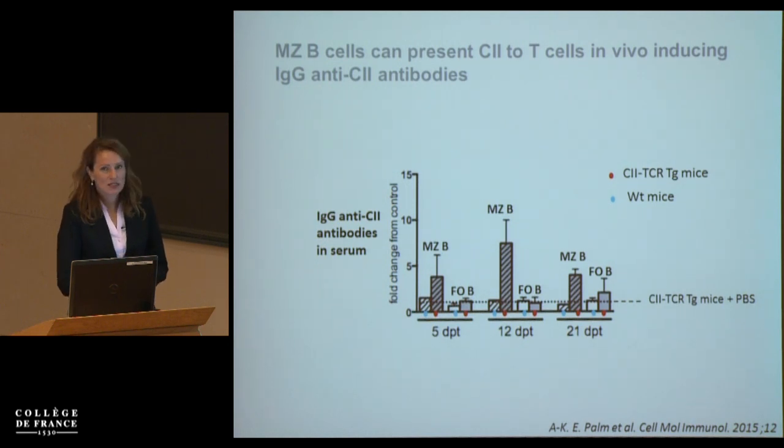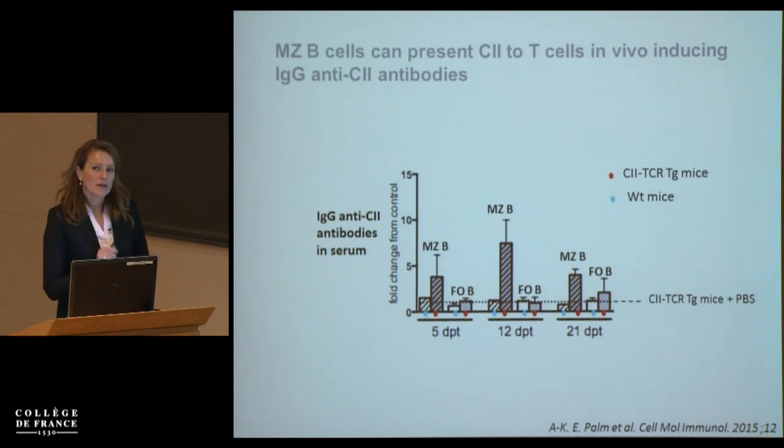And they were then transferred to either the transgenic mice that carried the T cell receptor specific for collagen, or they were transferred to the wild-type mice. And you see here we have bled the mice 5, 12, and 21 days after we transferred the cells. The cells were given intravenously into the mice. The mice were not immunized, they were just given the cells.